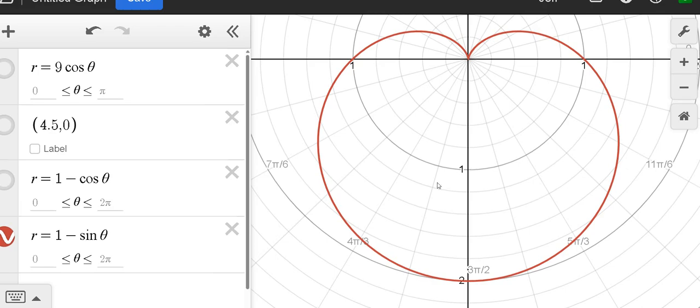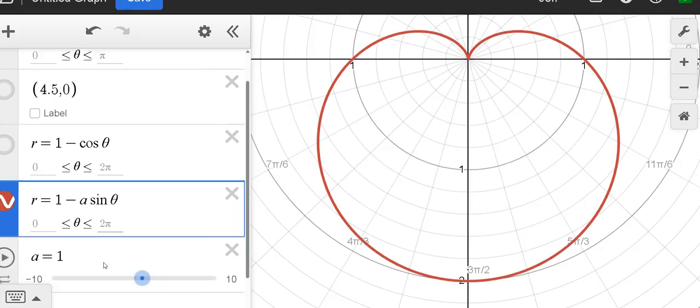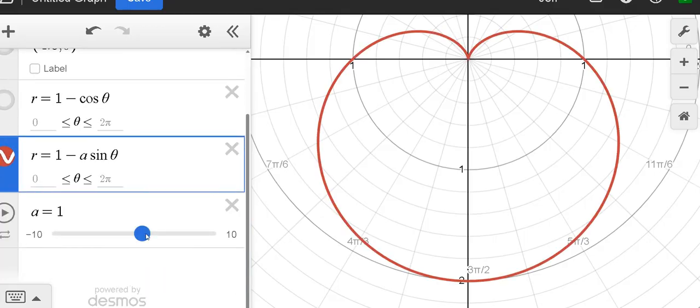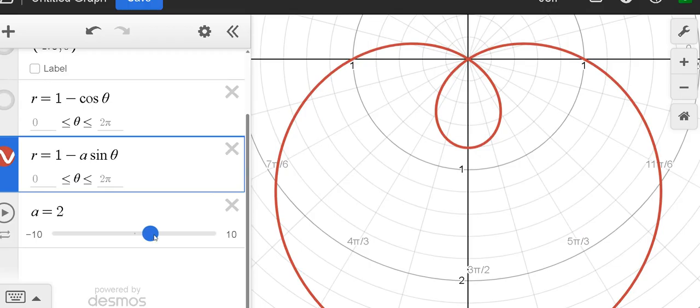There's other graphs too. If this number in front of your sine or cosine is bigger than this one, then you're going to get what's called an inner loop. So let me put an A here and put a little slider for A. And when I adjust that slider, you can see an inner loop start to form.